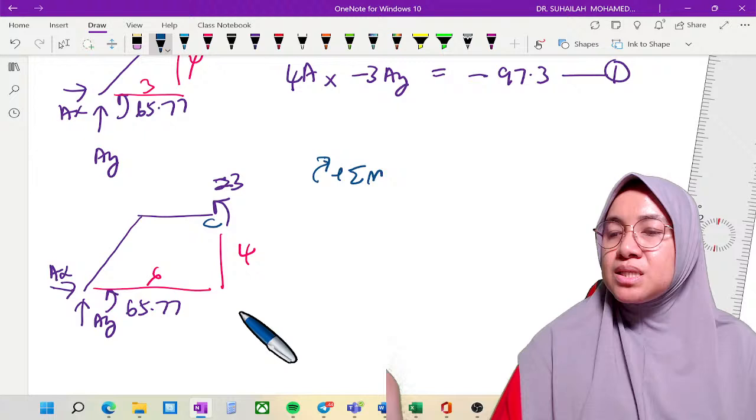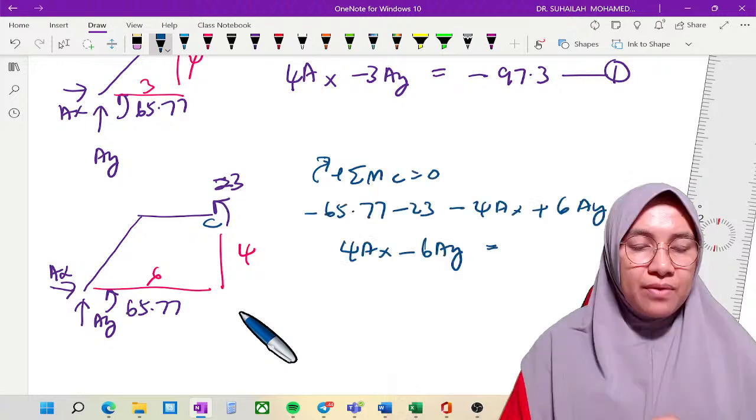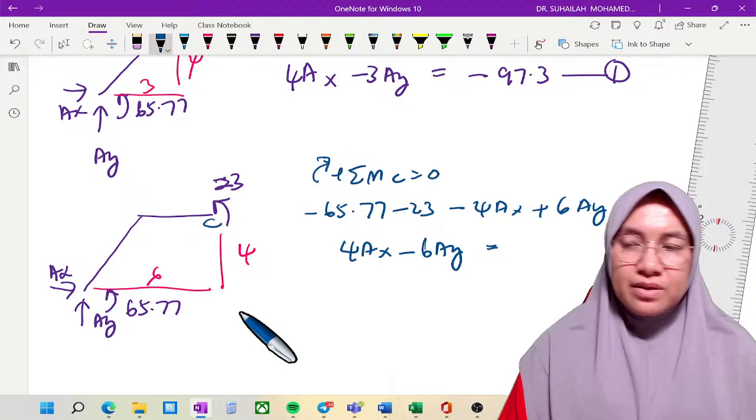Rearranging, 4AX minus 6AY equals negative 88.77. So this will be equation number 2.